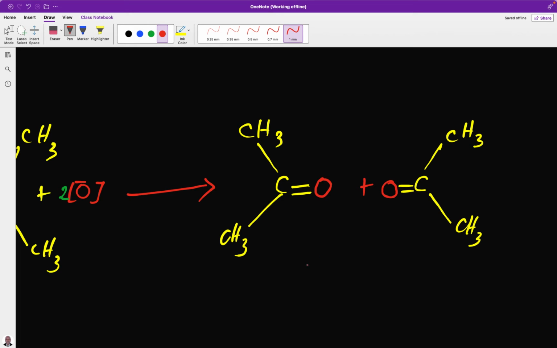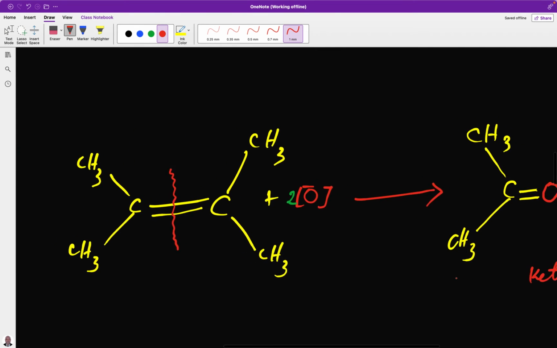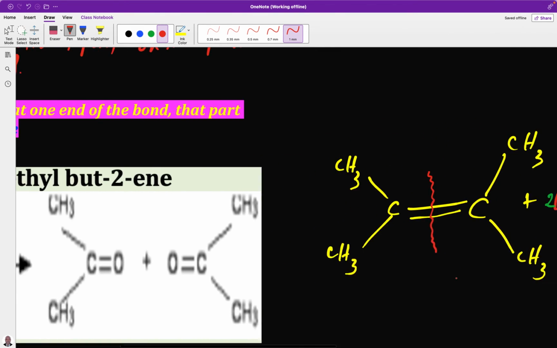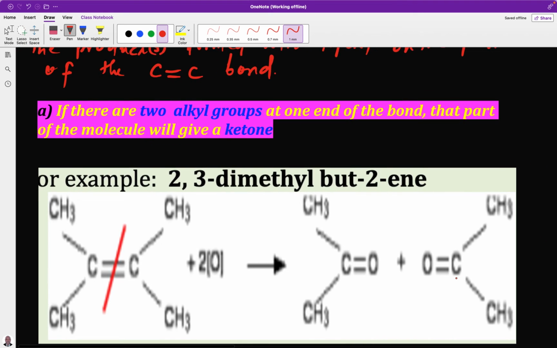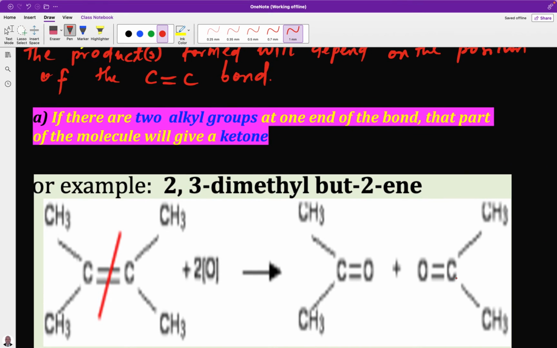So they are ketones. There are two molecules of propanone. So we said if there are two alkyl groups at one end of the bond, that part of the molecule will give a ketone.